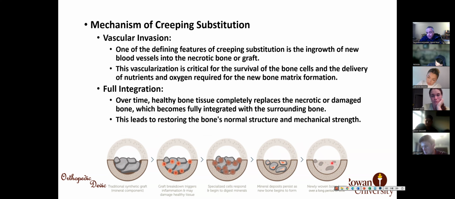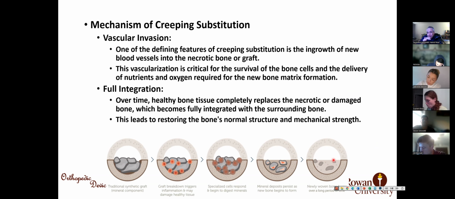Whenever we have a dead area in our bone, this process must happen. And that is the problem we have with bone grafts, with allografts, with bone substitutes. We said with bone healing, everything is perfect, but bone healing happens in a live bone.